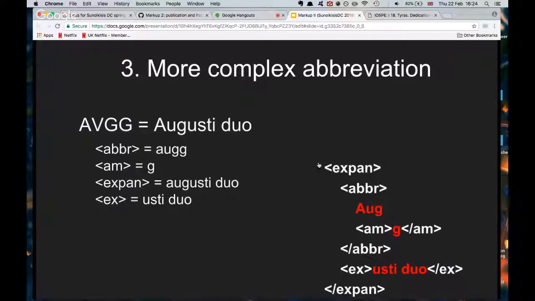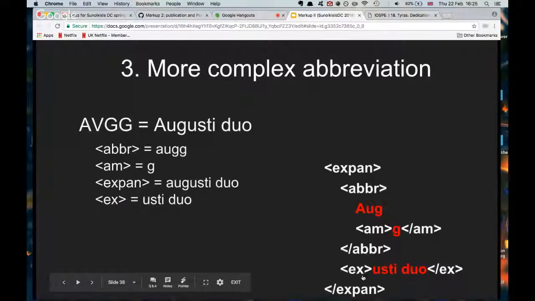Again, we surround the whole thing in an expan element. Then in the abbreviation, we have what's extant on the stone. So we have AUG, and then the second G as well, because that's part of the abbreviation. However, the second G we mark up with the abbreviation marker tag.